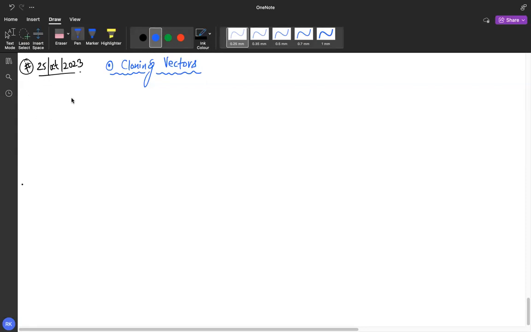Sure. Some bandwidth issue. Anyway, in today's class, we will start with something we have actually talked about in the last class as well, which is cloning vectors. We now understand what we mean by cloning and what we are cloning. We are cloning a particular fragment of DNA, mostly a gene of interest that we want to introduce into some other organism, right?